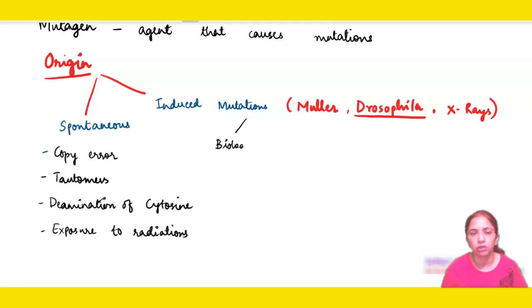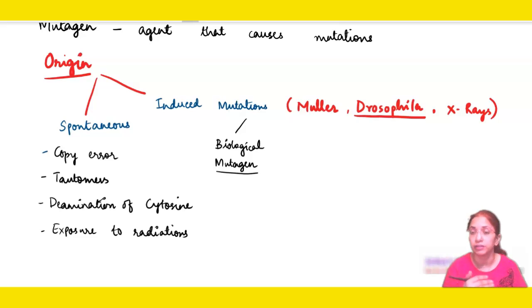Now biological mutagens. Mutagen is the agent, one thing is sure, right? So a mutagen will be the agent. Sometimes for studying purposes, we introduce a virus, in bacteriophage, as we have seen in the Hershey and Chase experiment, where to study, we deliberately use isotopes.